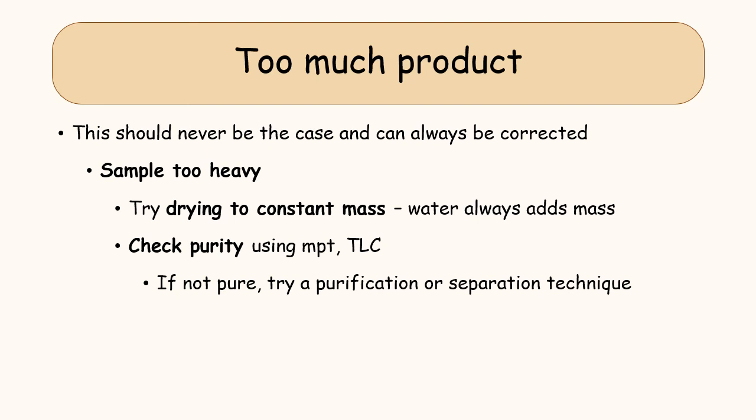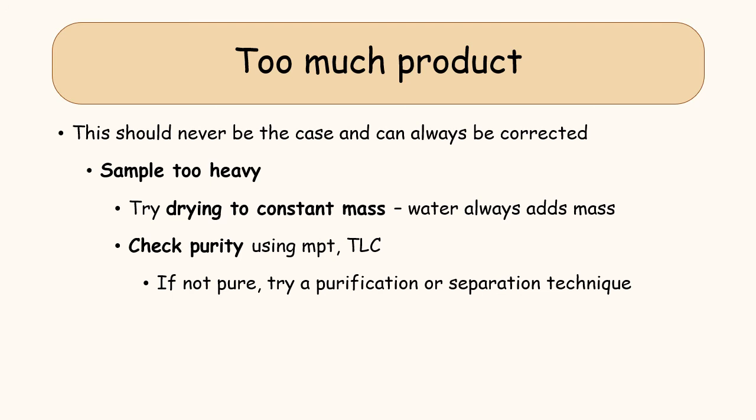The other thing to do would be to check its purity. So do a melting point analysis, do thin layer chromatography. If your compound is not pure, then what you need to do is a separating technique or a purification technique that will remove some of the compound that is not what you want from your sample, and it will bring the mass back down.